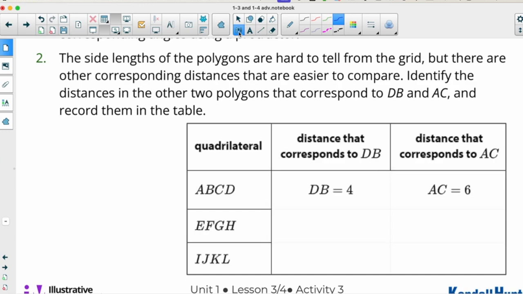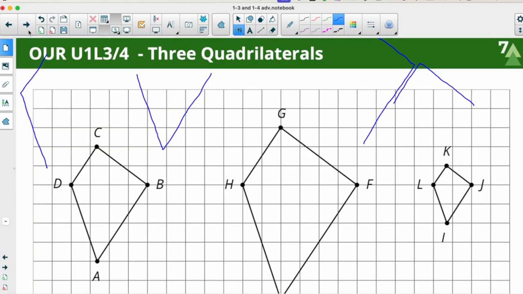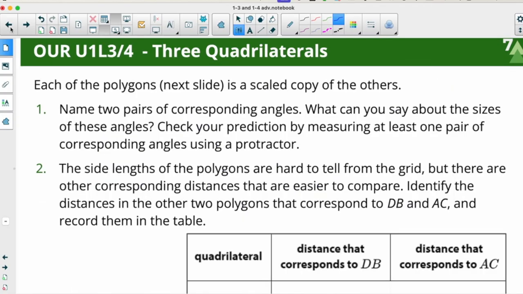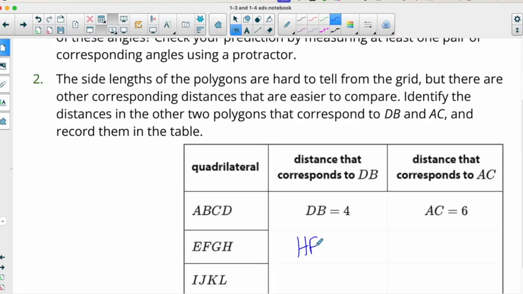Well, in my shape, DB is this horizontal distance. So I want to look at HF and LJ. LJ is 2. 1, 2, 3, 4, 5, 6 for HF. So if I come back here, HF, and I'm not going to put the bar over top because I'm not talking about a line segment.